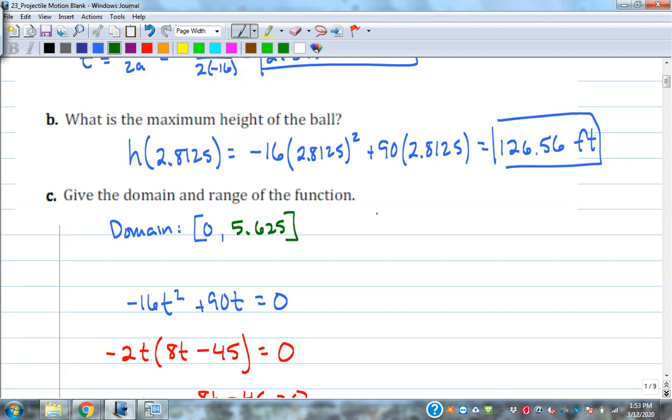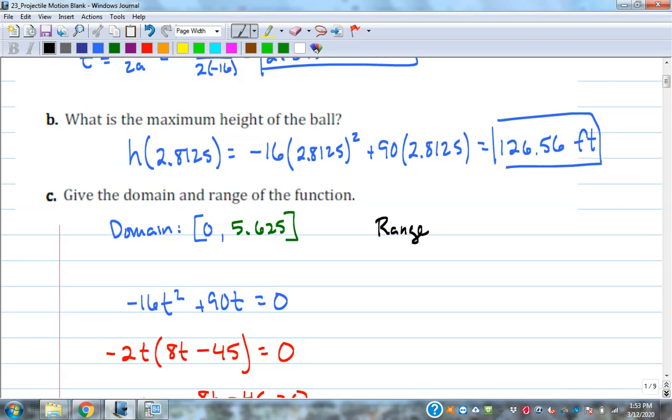Now, what's range when we talk about functions? If you're dealing with statistics, it's the highest minus the lowest number. When we're dealing with a graph, it's the height of the picture. Where does the ball start?